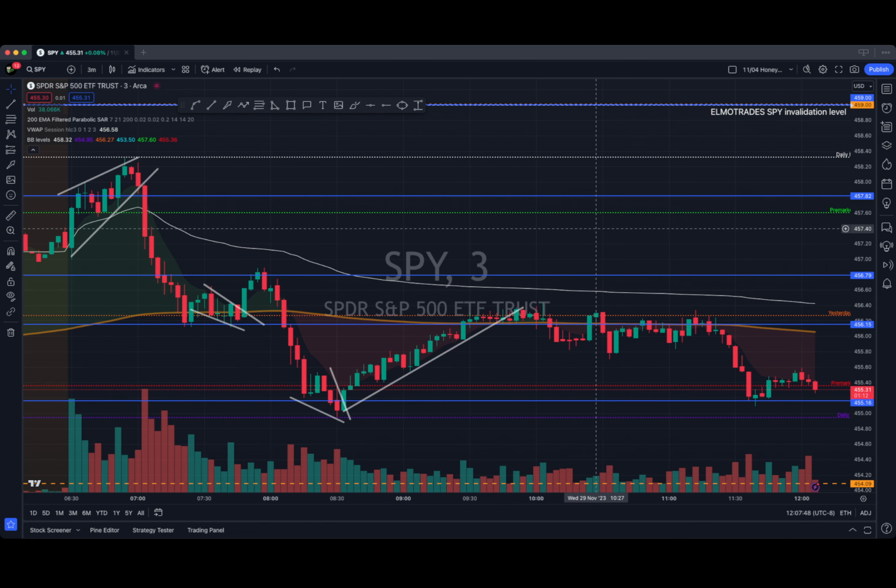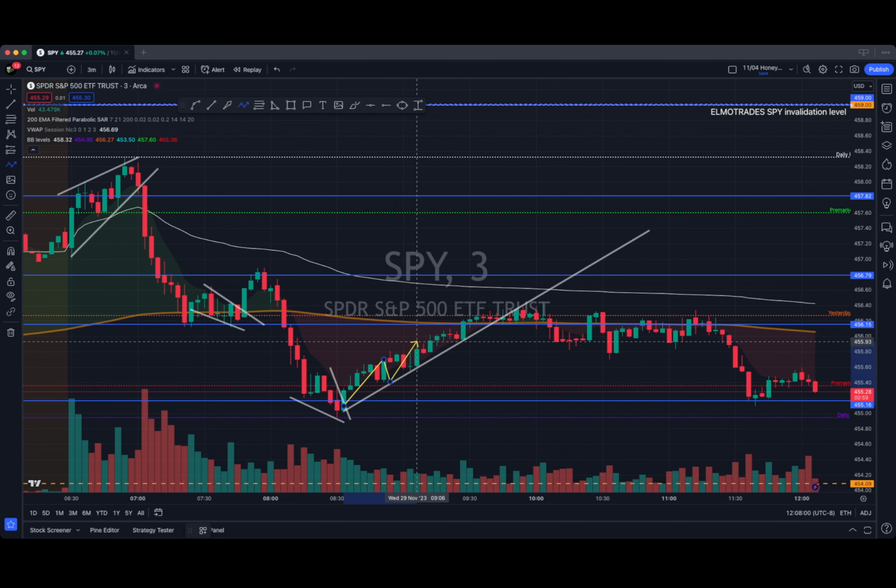This doesn't mean get into puts right away. This just means watch for structure because you can go like that up. What I mean is if this is like that, this can go like this. Okay, we went boom, boom, boom, boom. We lost it. See how it went back up?